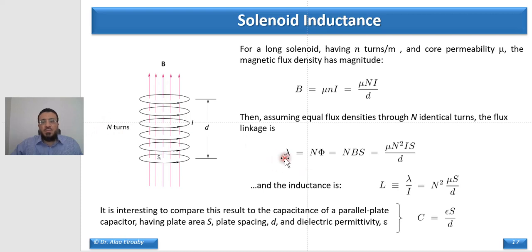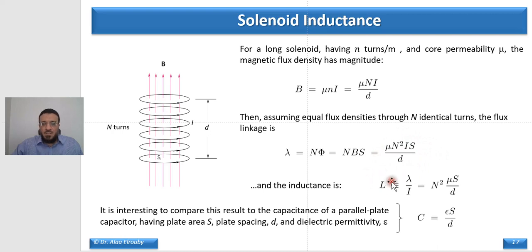So the linkage, as explained in the previous slide, equals N, the number of turns, multiplied by the flux. The flux in this case equals B multiplied by the area, because we are assuming the field across the core of the solenoid to be uniform. So we have the linkage equal to N multiplied by B multiplied by S, where B equals mu N i over d. So the total linkage equals mu N square i S over d.